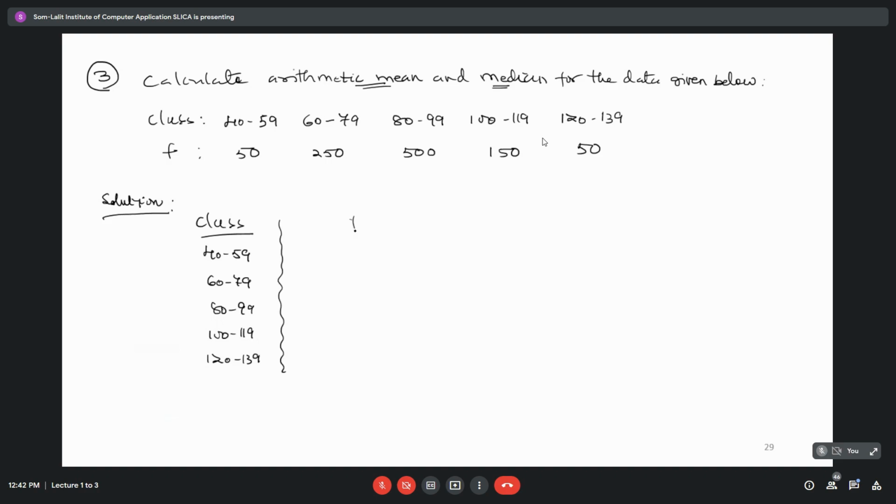So how do we convert into continuous class intervals?